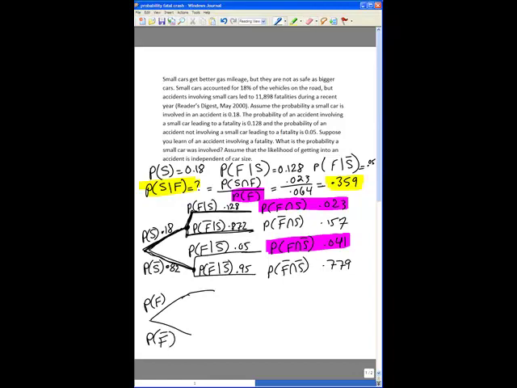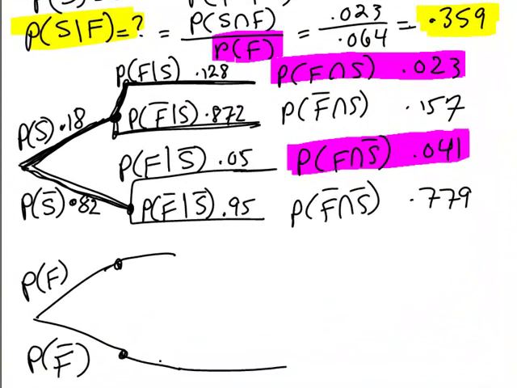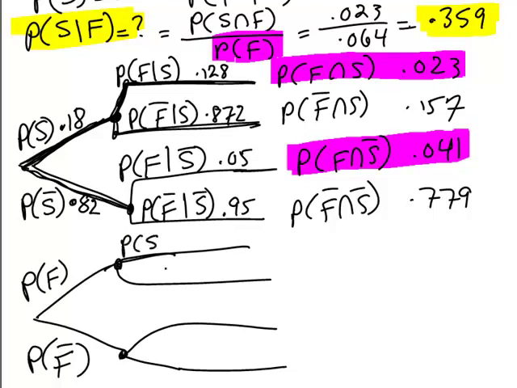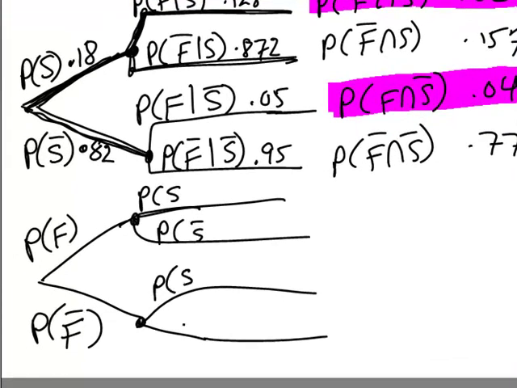Those probabilities on the second branches would be the probability of small car or not small car. But these are all conditionals, and the condition here is F, so I will put them. And the condition here is F bar, so I will put them.